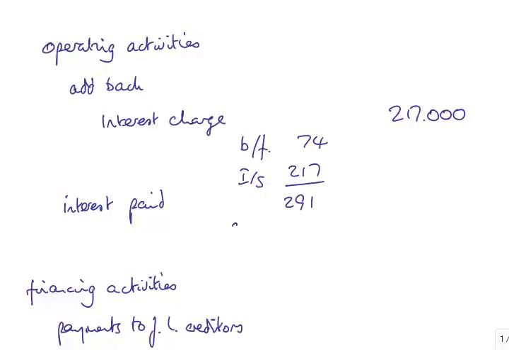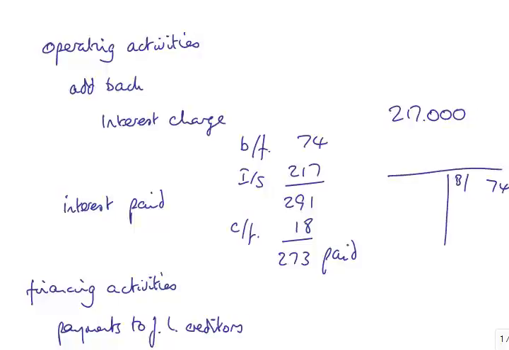And that must have been paid. In T accounts, the brought forward liability, 74. The income statement charge, 217. Debit the income statement, credit the account. I've got a carry forward liability of 18. Therefore, I've got a missing figure there. That must be 273, and it must be cash. Can't be anything else.